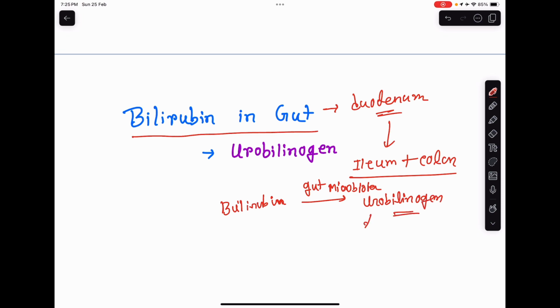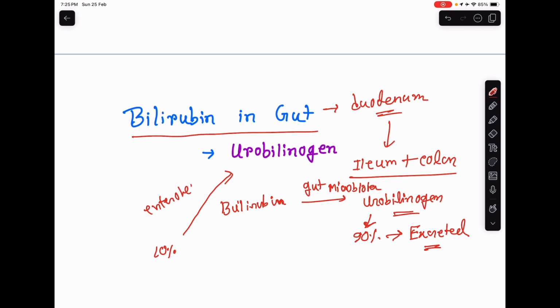Now, almost 90% of the urobilinogen is excreted from the gut, and the remaining 10% of this urobilinogen undergoes enterohepatic circulation.